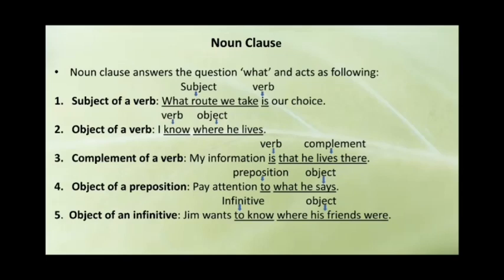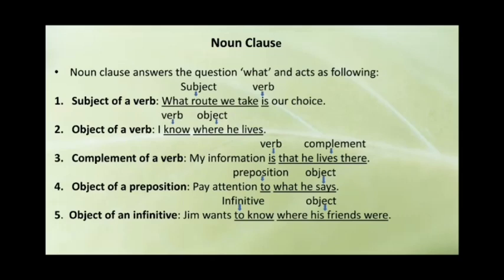We have where he lives as the object, and know is the verb. Here, children, you can see that the object is directly connected to the verb. I know where he lives. So where he lives is connected to the verb know. That is why this noun clause is the object of a verb.